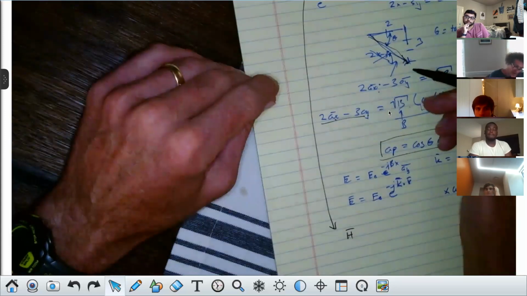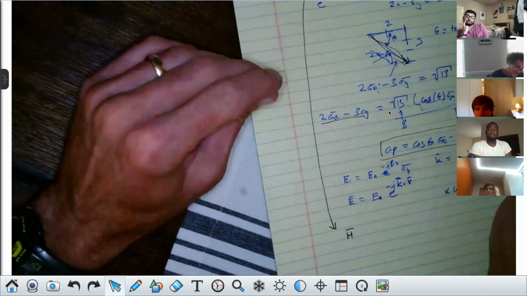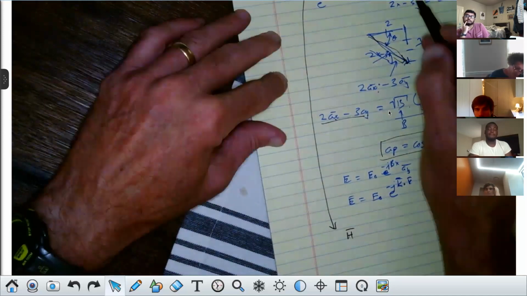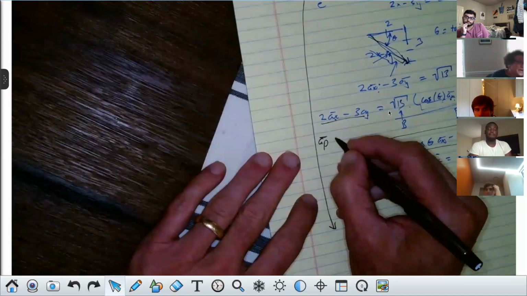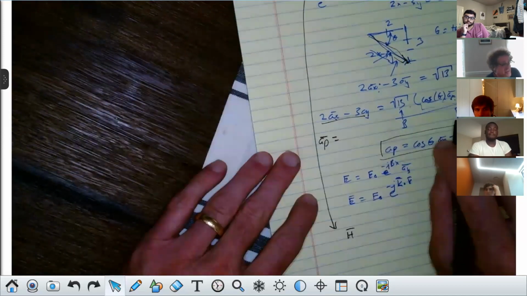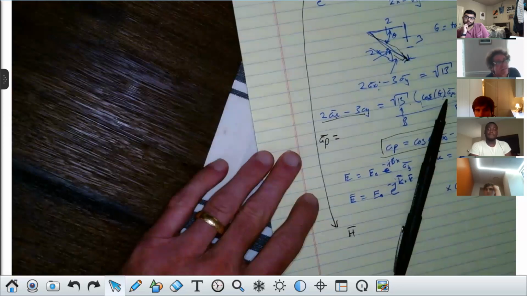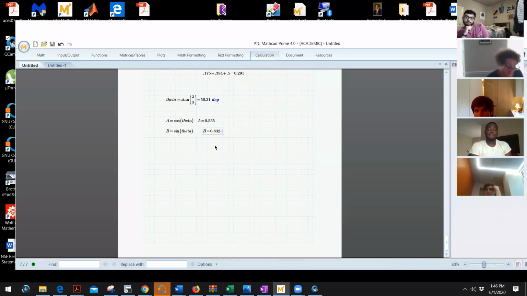But I'm going to get a vector direction, the direction of propagation. And then once I have that, and my AP is this, and actually for this problem, you can write this down. AP is given as, and I have to get my other thing, 0.555 AX, pardon me. And then it's minus 0.832 B.